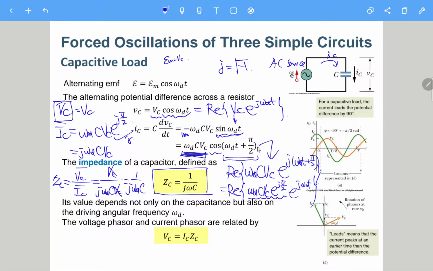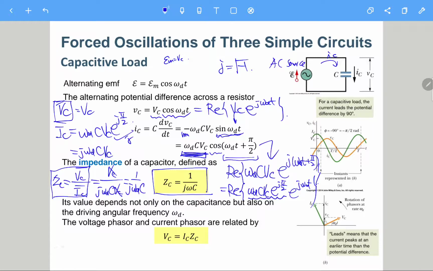For the current, the phase is pi over 2, multiplied by the amplitude. So Ic is a complex number, actually just a pure imaginary number.